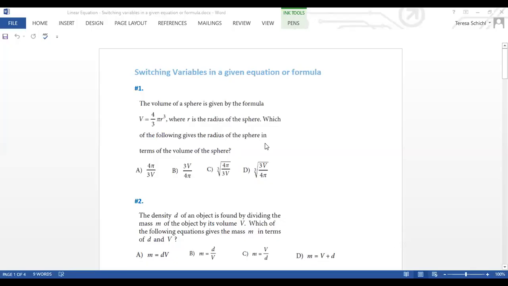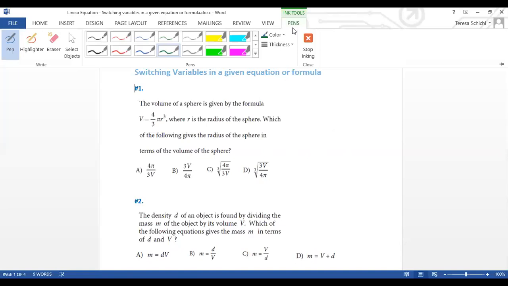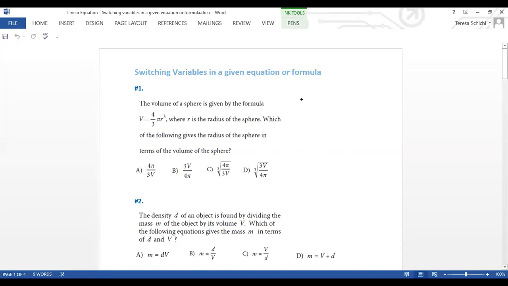Here we have 7 problems showing how to switch the variable in a given equation or formula. Like I told you before, from the previous unit on how to solve linear equations, if you know how to do this, this unit will be a pretty easy unit, and you will see all the problems are very easy.